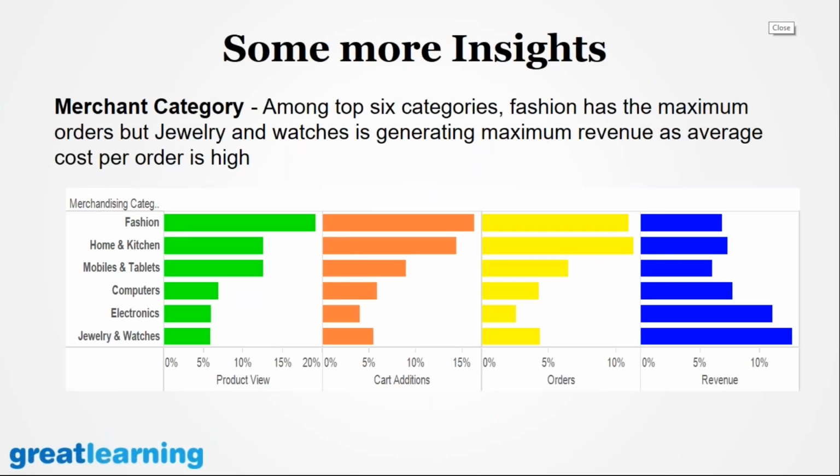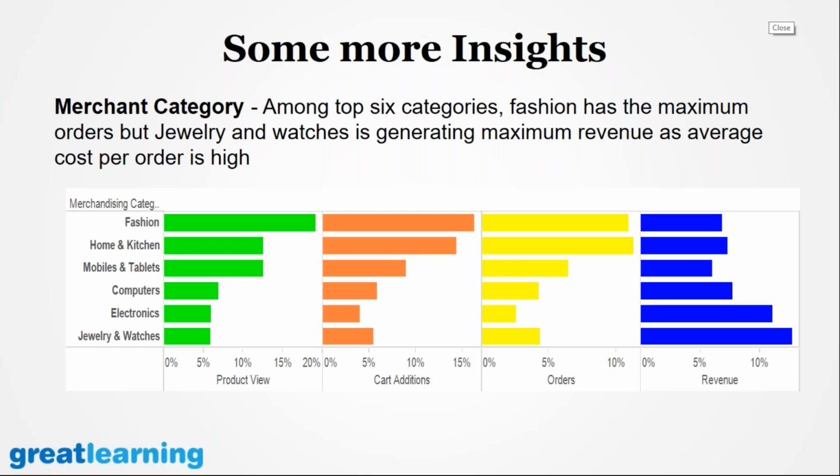Some more insights. Although we did not bifurcate it through the categories, here are just more insights. Among the top 6 categories, fashion has the maximum orders, but jewelry and watches is generating maximum revenue as the average cost per order is high. Orders may be fewer because of the value of each particular order.